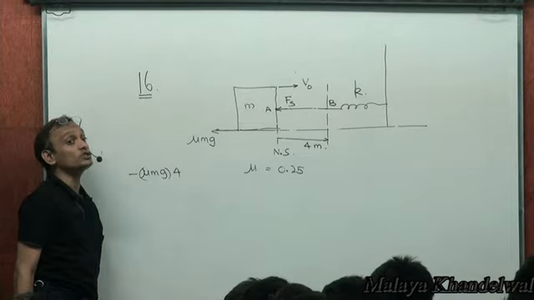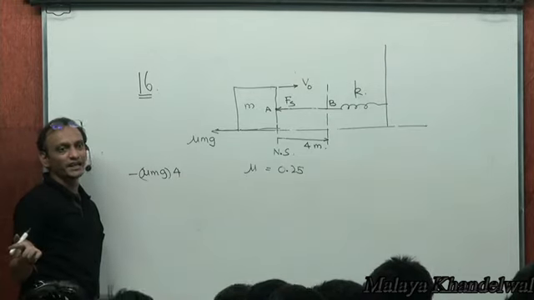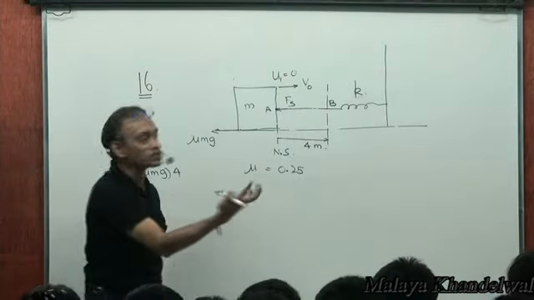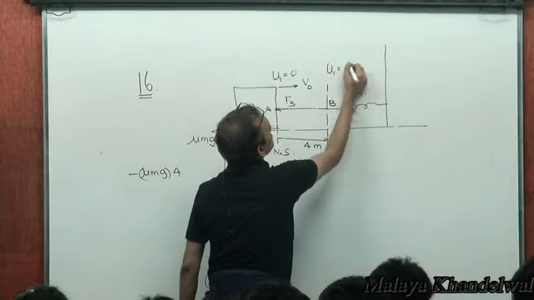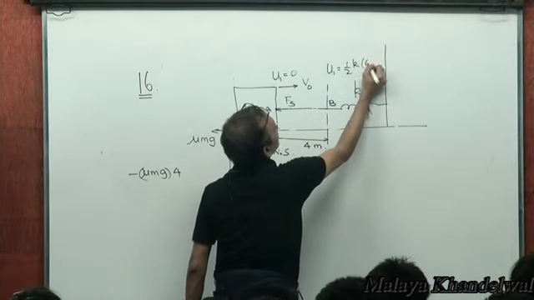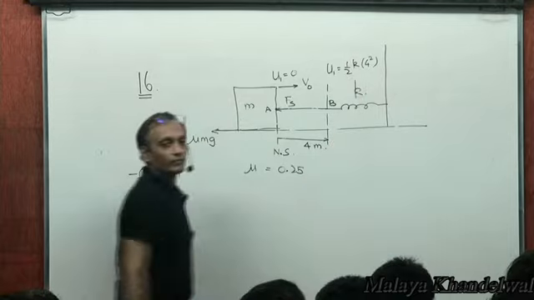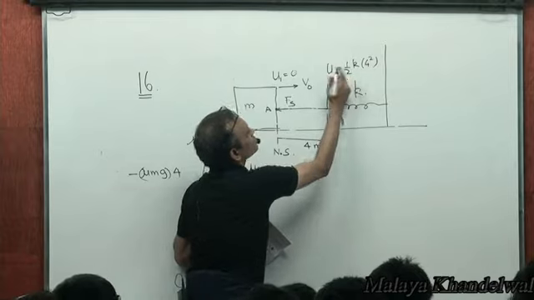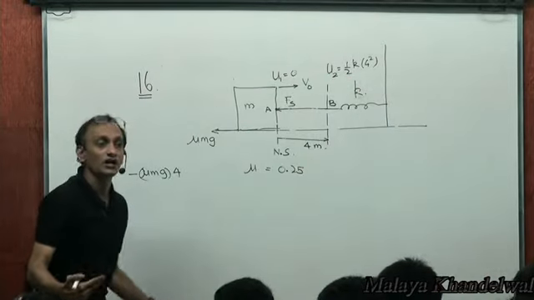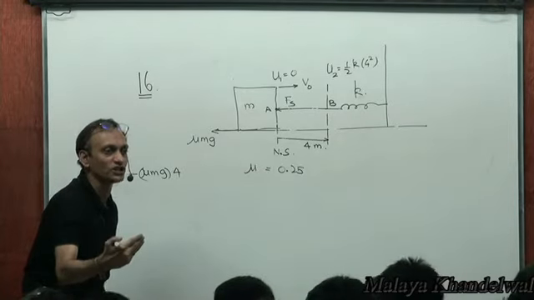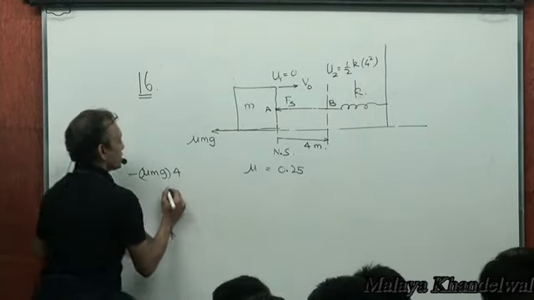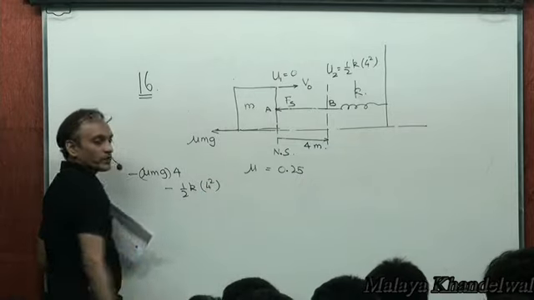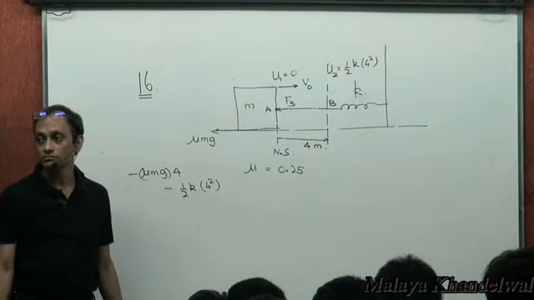Work done by the spring force is the negative of the change in potential energy of the spring. The potential energy of the spring here is 0 because it's not stretched. The potential energy here is half k into 4 squared. So minus (U2 minus U1) is the work done by the spring force, the negative of the change in elastic potential energy. So minus half k into 4 squared is the work done by the spring force.